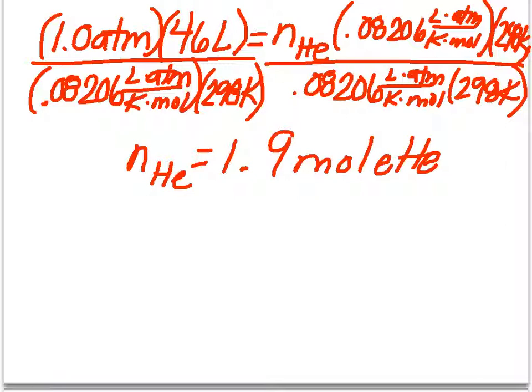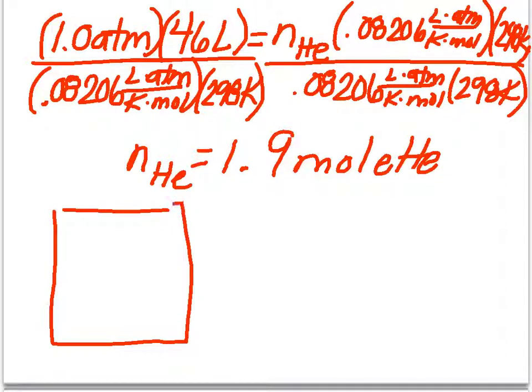So now that we know both of these were dumped into a tank that was 5 liters, we know how many moles of each were put into our tank. So we've got a tank that is 5 liters in size. We know that the tank is still at a temperature of 298 Kelvin.